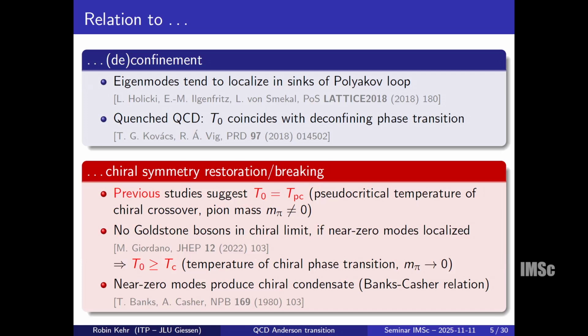When you mention there is this range where you can have the Anderson transition temperature to be larger than the chiral symmetry breaking temperature, what does that correspond to physically? Because I know that the chiral symmetry restoration temperature has some physical meaning.